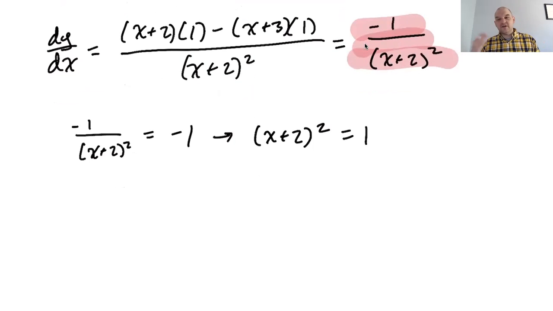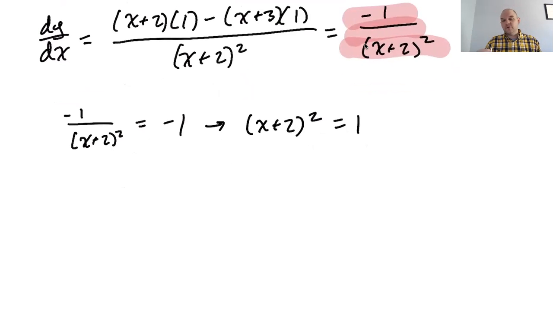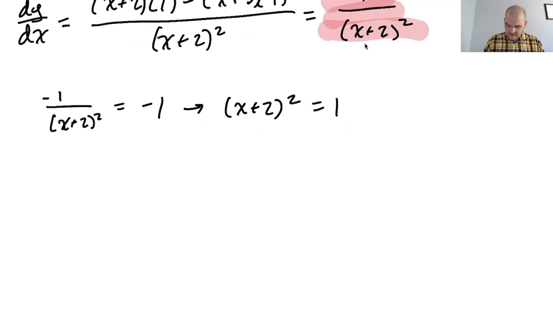Okay, so how can I go about solving this? There's two ways. I could subtract 1 from both sides, and then do a difference of squares, and that's weird. I could take square root of both sides, get x plus 2 equals ±1. So x equals -2 ±1.